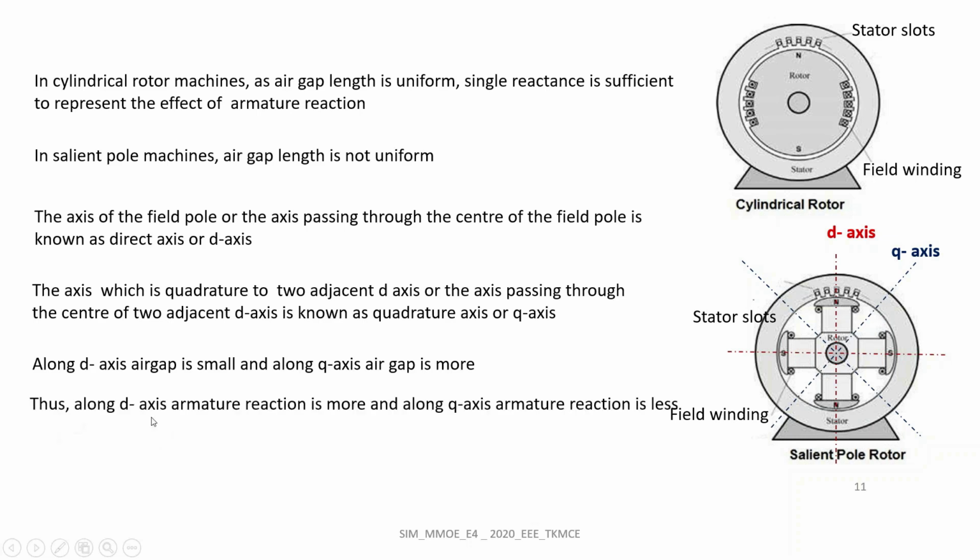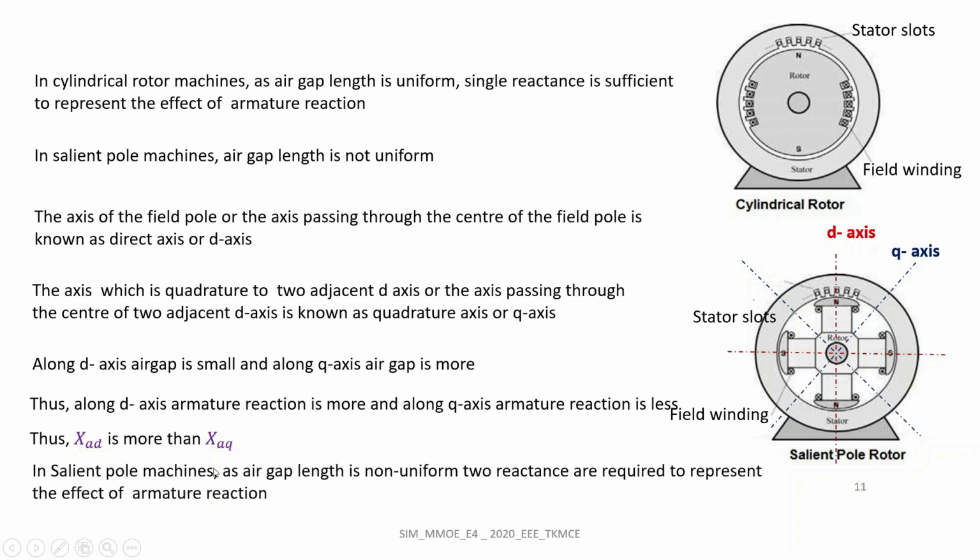Thus, along the D axis, armature reaction is more, and along the Q axis, armature reaction is less. Thus, XAD is more than XAQ. So the reactance that represents the armature reaction effect along the D axis, that is XAD, is more than the reactance that represents armature reaction under the quadrature axis, that is XAQ.